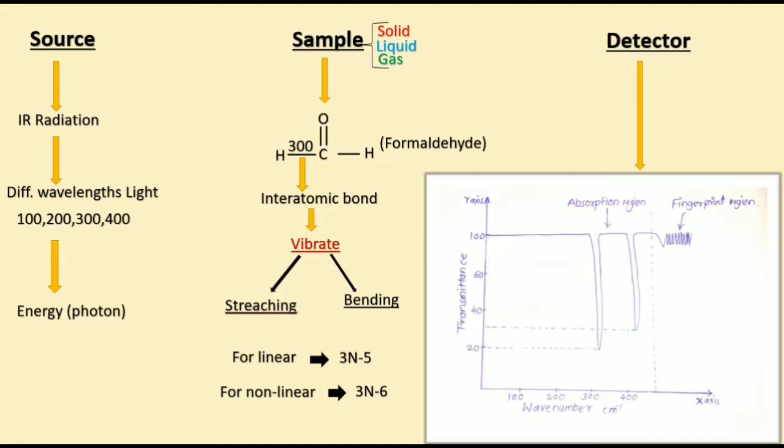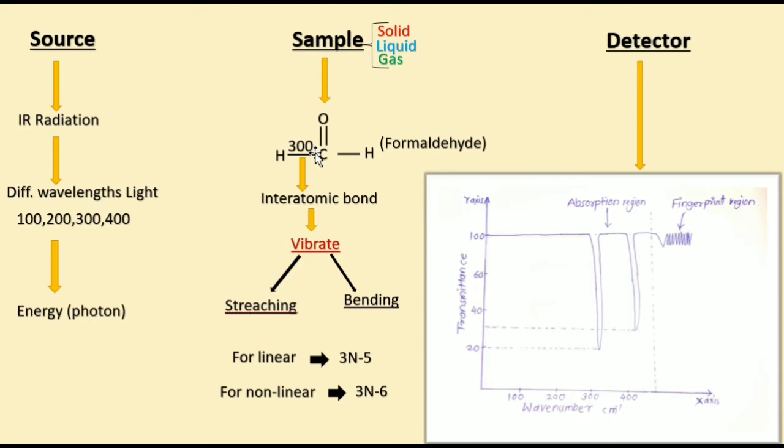Now, there is another important point: it is not necessary that a molecule absorbs only one specific type of wavelength. As we discussed, the C-H bond in formaldehyde absorbs light of 300 wavelength and shows stretching. But suppose light of 400 wavelength falls on this sample and this bond shows bending.